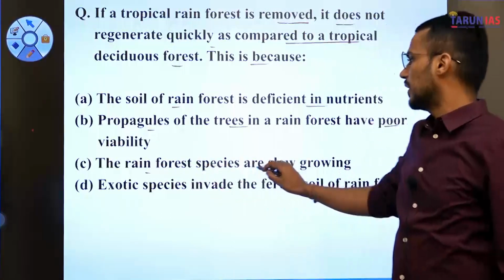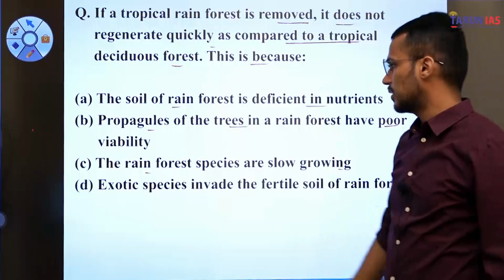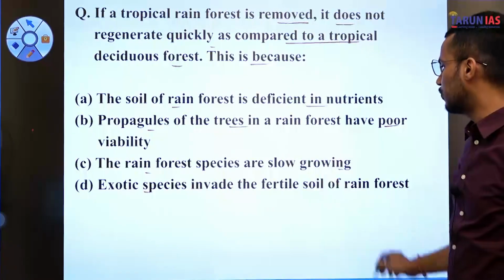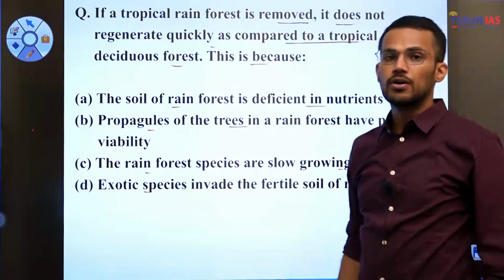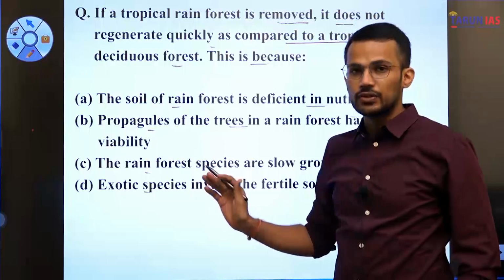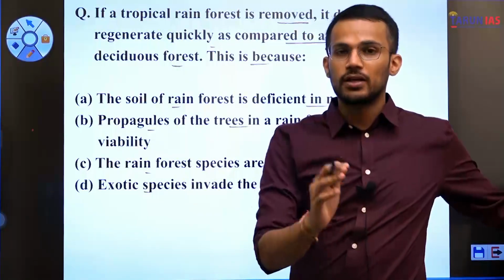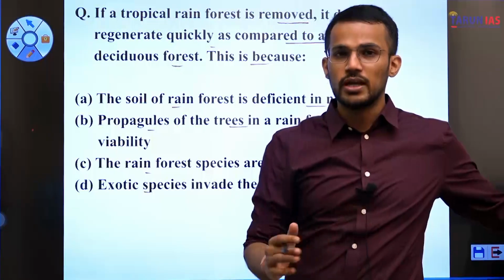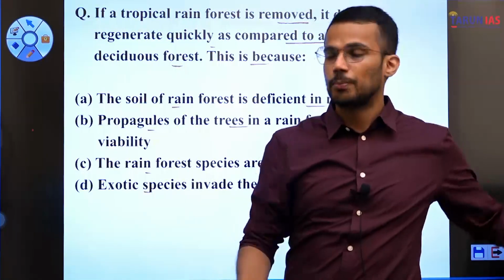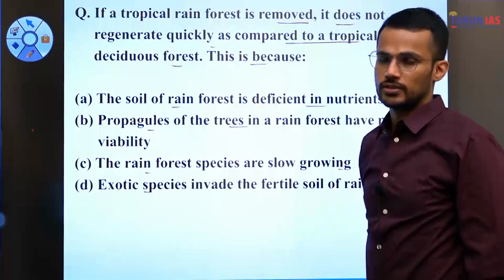C, the rainforest species are slow growing species. And D, exotic species invade the fertile soil of rainforest. So, what is the reason if by any chance tropical rainforest is removed? It will take longer duration than the tropical moist deciduous or tropical deciduous forest.